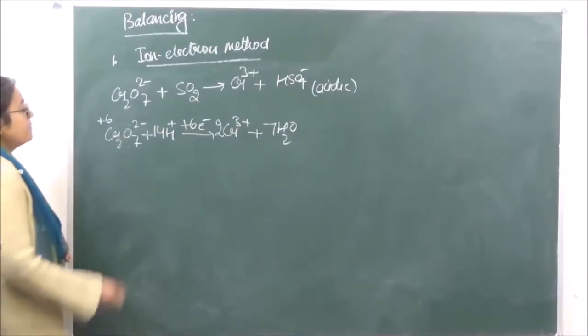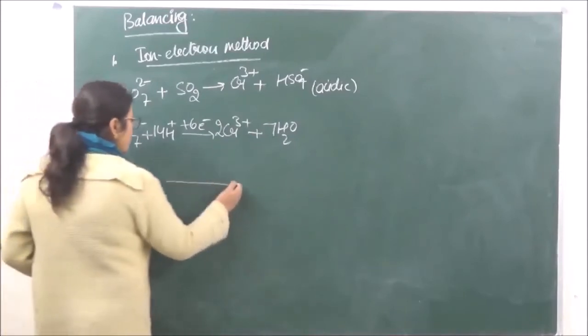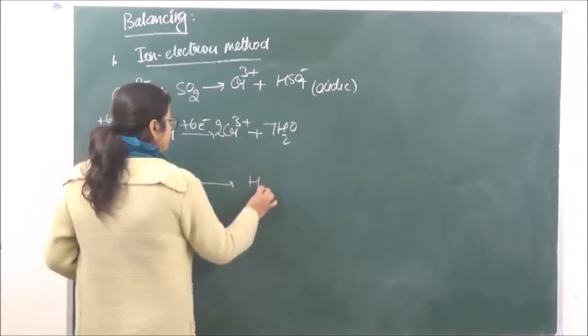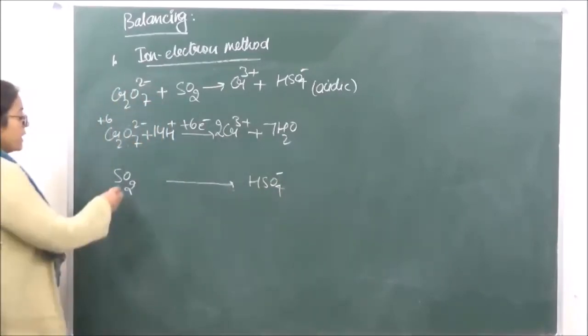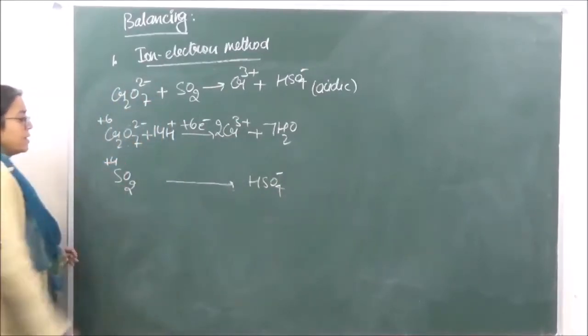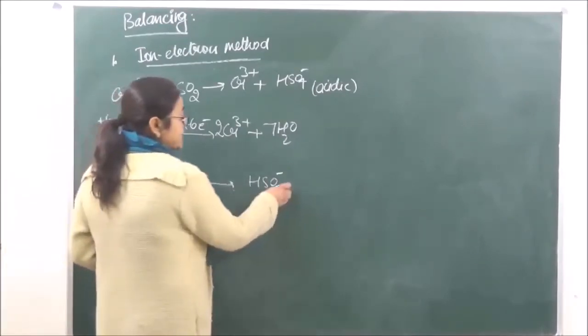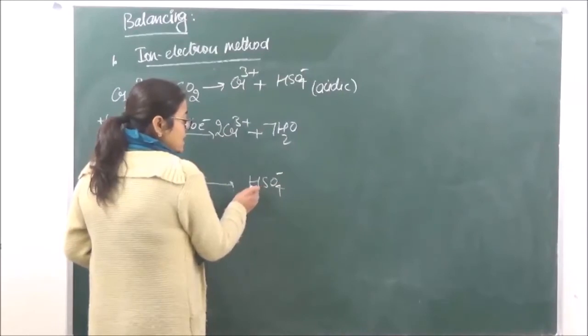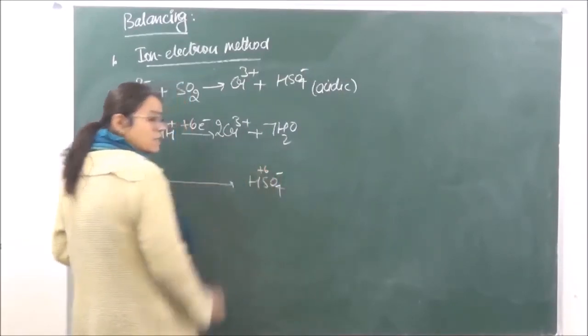Then we go on to the second reaction. We have SO2 to give HSO4 negative. When you're looking at the oxidation number of sulfur over here, it is going to be +4. And here you see 4 2s are 8, 8 minus 1 is 7, 7 minus 1 is going to be 6.